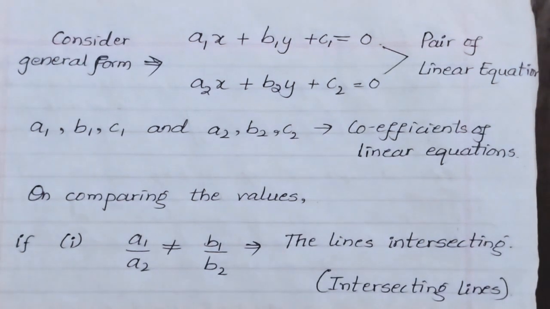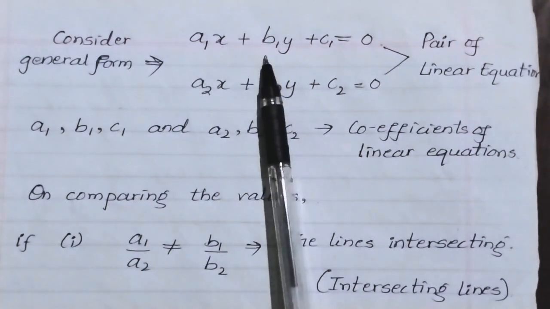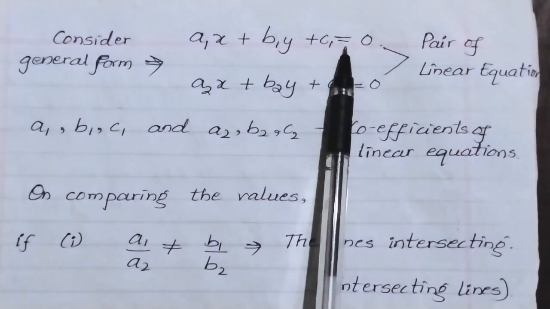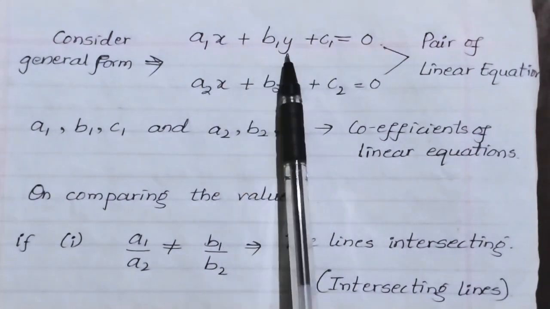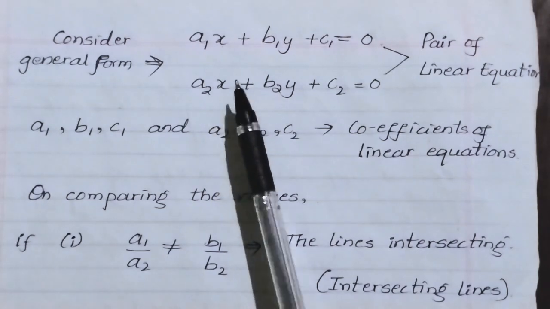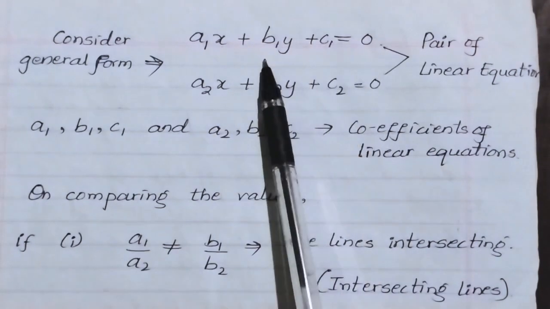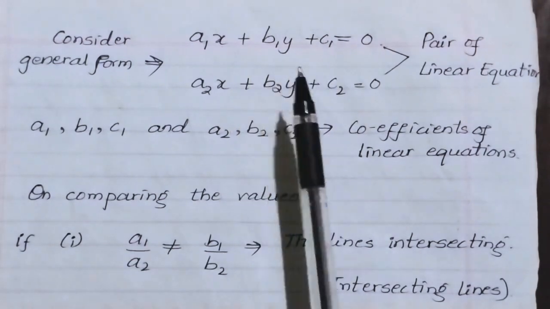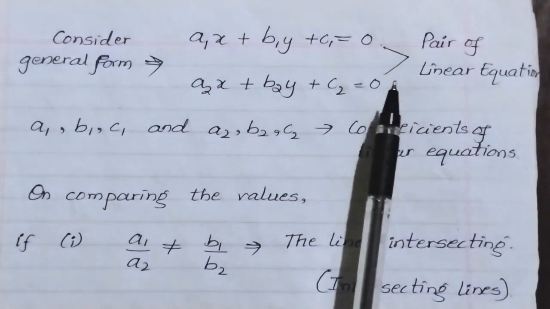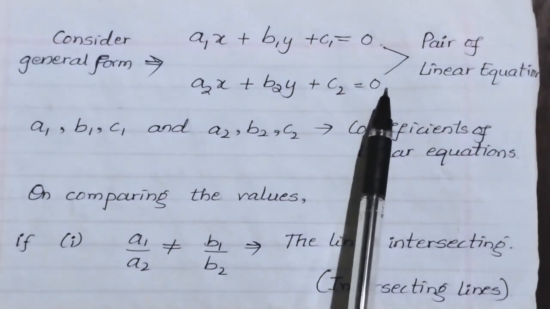Now let us consider the general form. Let a1x plus b1y plus c1 is equal to 0 be one linear equation with the variables x and y. And let us consider another linear equation a2x plus b2y plus c2 is equal to 0. Now a1, b1, c1, a2, b2, c2 are the coefficients of the linear equations. Let us consider these two as a pair of linear equations.